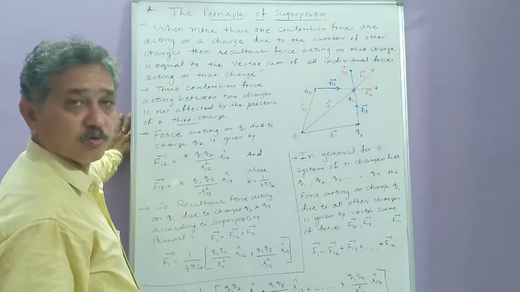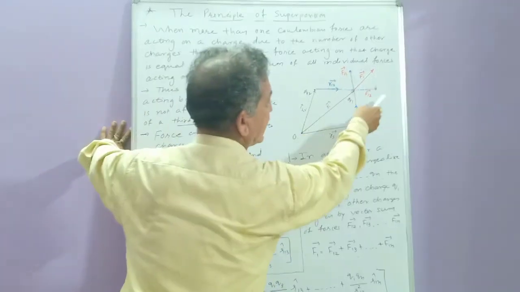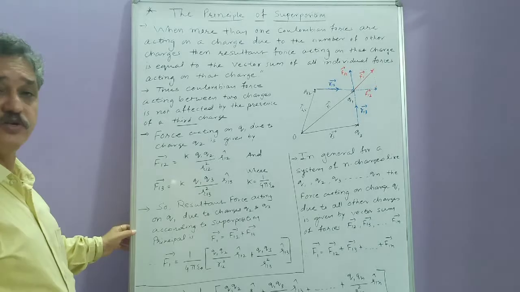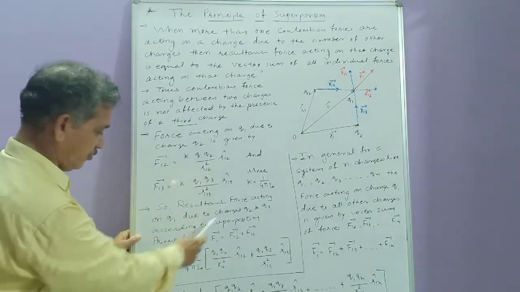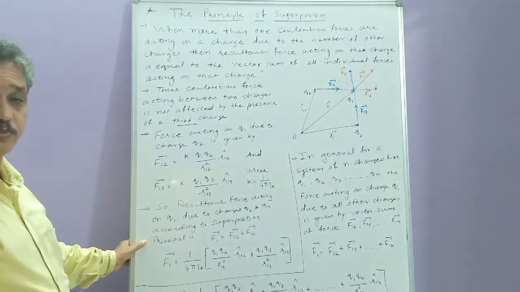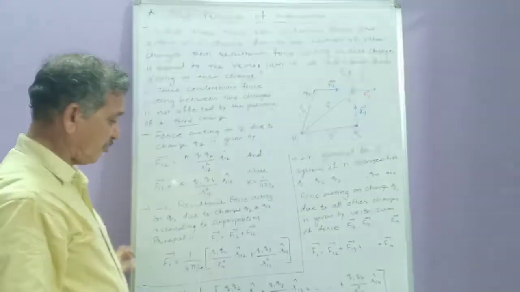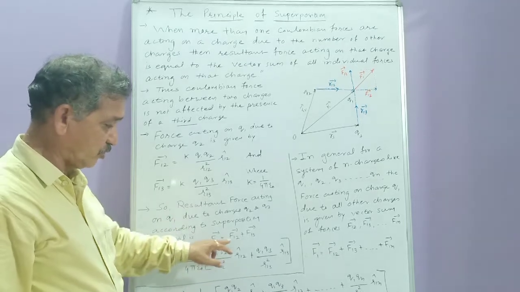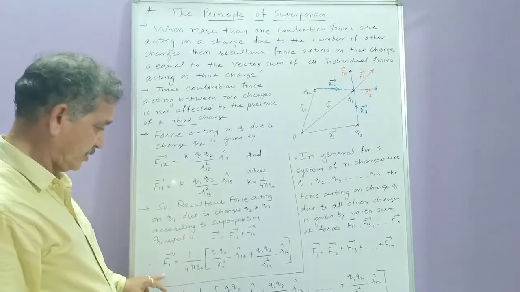By the method of parallelogram, you can see in the diagram the resultant force will be vector F1, the force acting on charge Q1. So resultant force acting on Q1 due to the charges Q2 and Q3 according to superposition principle is the vector sum of F12 and F13. So F1 is equal to what? Vector F12 plus vector F13.